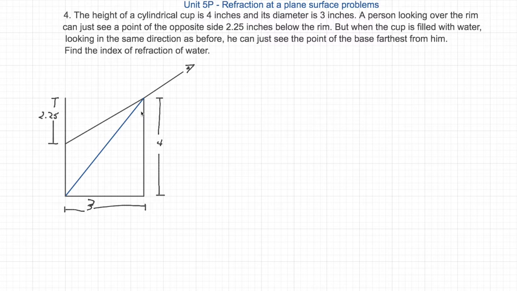So this is our angle of incidence, the angle between the incident ray and the normal. We'll extend the normal. And this is our angle of refraction, the angle between the refracted ray and the normal.